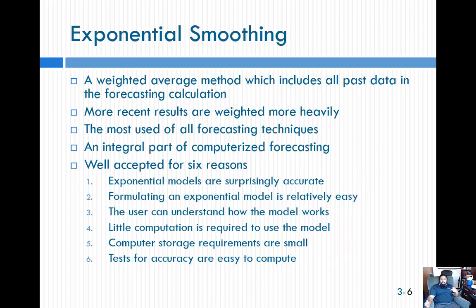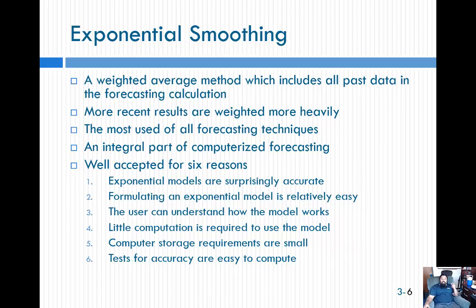More recent results are weighted more heavily. It is the most used of all forecasting methods because it's very simple. The user can understand how the model works. Little computation is required for this model. Computer storage requirements are small for this model. Now I repeat, a simple exponential smoothing model is used for forecasting data with no trend or seasonal patterns.